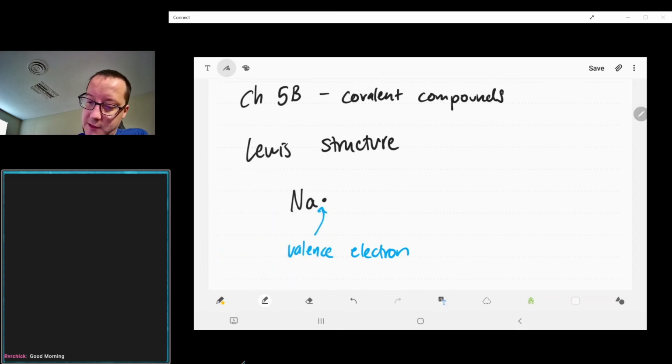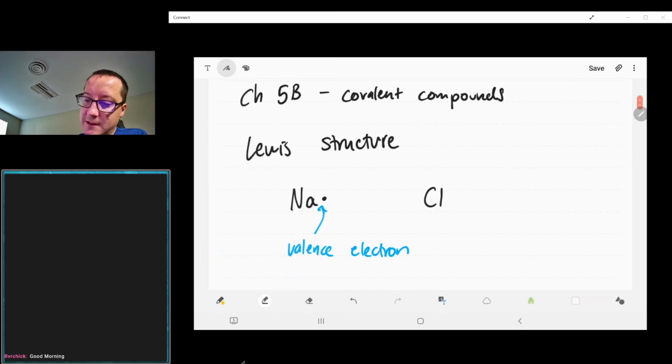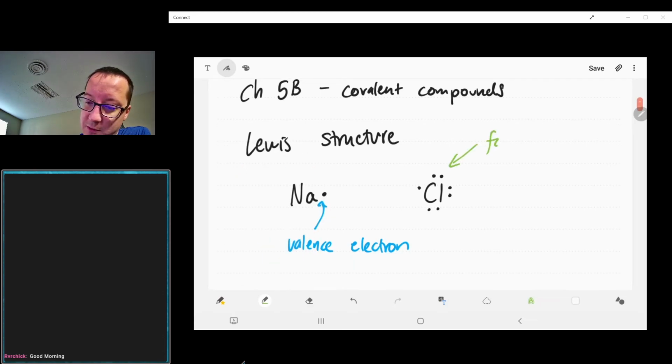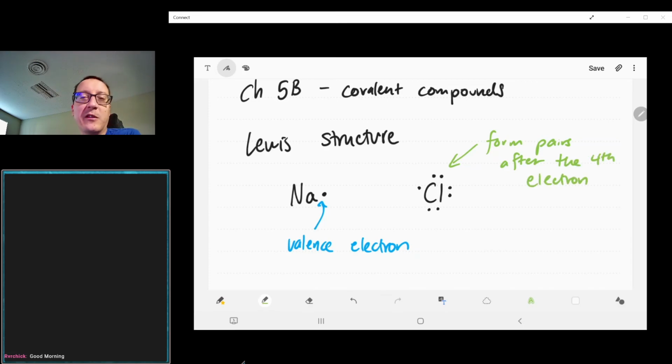And if we take a look at chlorine, chlorine has 7 valence electrons. We would draw that probably something like this. It does not matter which side of the atom gets that one electron, but what you want to keep in mind is that we will form pairs after the fourth electron. Do you remember when we were filling those boxes out when we talked about electron configuration?